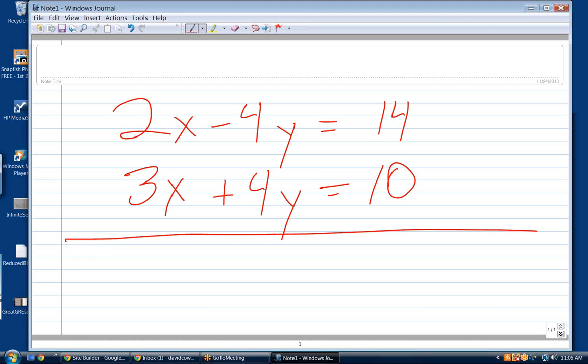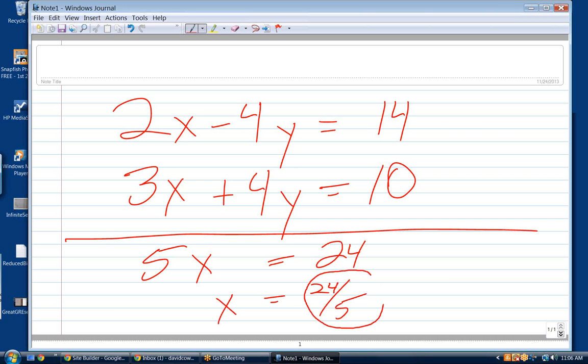In other words, a plus b equals c plus d, and x plus y equals r plus z. You can add those two, so you have the four terms on the left equal the four terms on the right. The advantage of adding these two equations is that one of the variables disappears, and you end up with 5x equals 24. So you can solve for x.